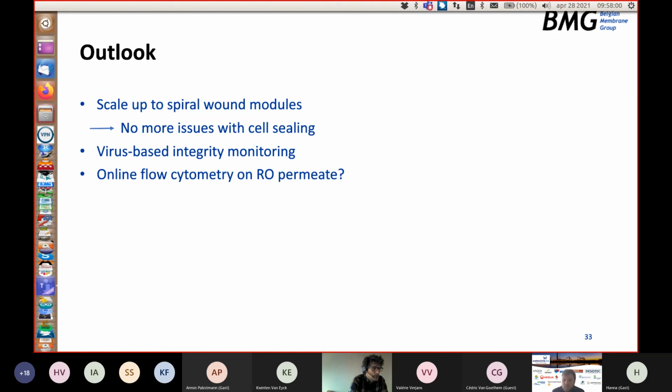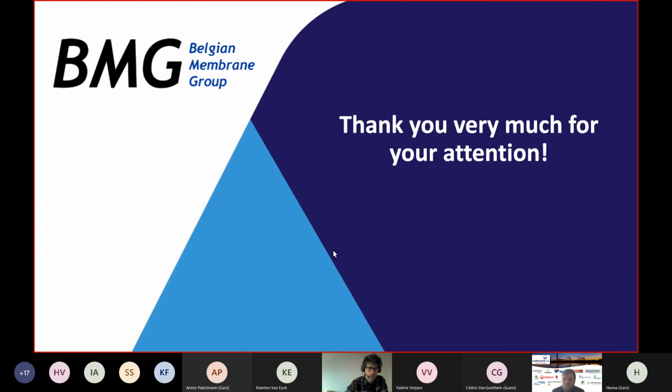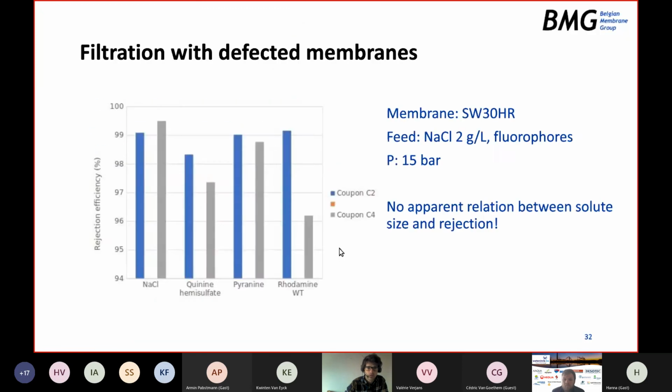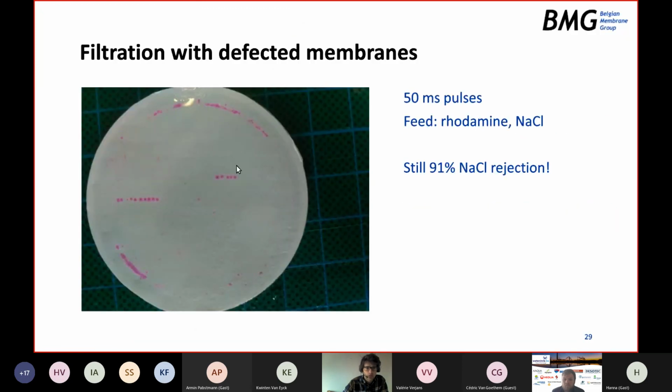Yeah, we do rinse afterwards, and also the disassembly is relatively fast. For instance, let me go back a few slides. Here, for instance. Rhodamine is a large compound, so it diffuses quite slowly. For the rhodamine to penetrate that wide into the membrane, so it's not just going through the active layer and sitting there, it's actually spreading out laterally and vertically throughout the membrane.